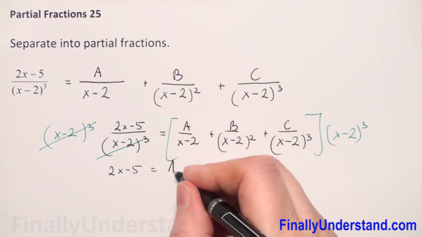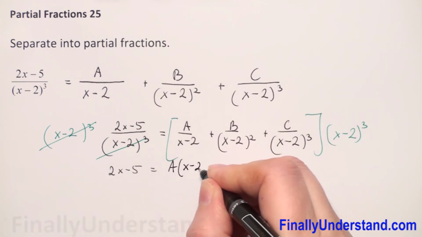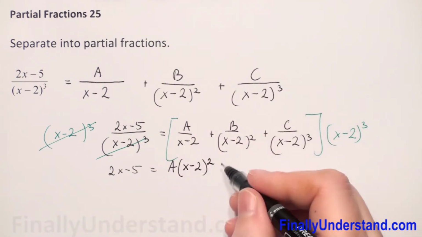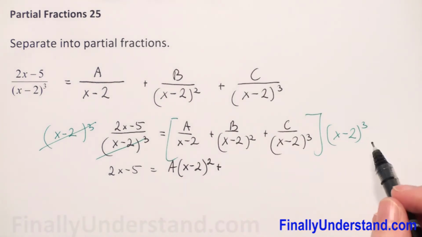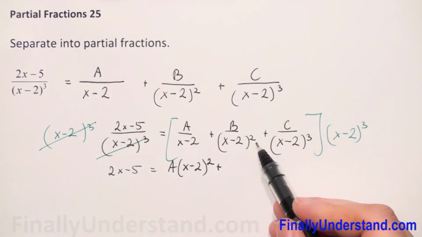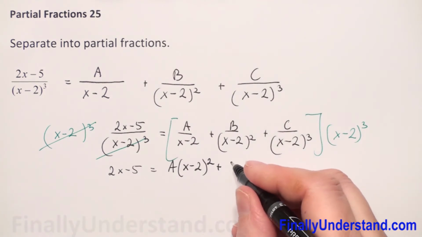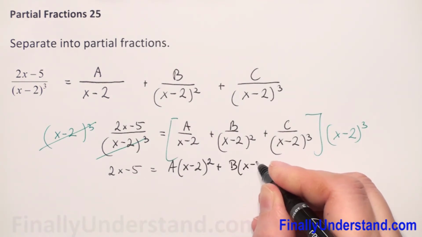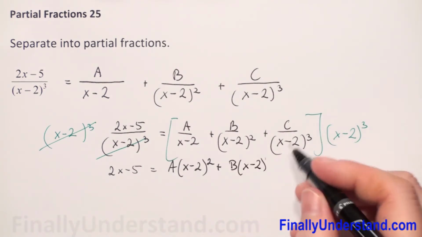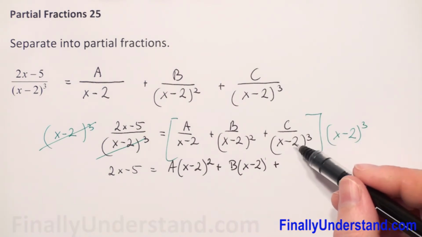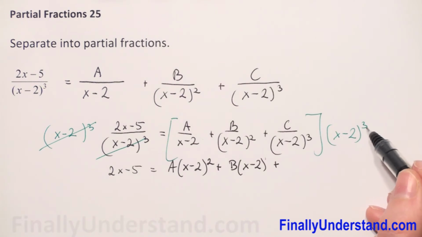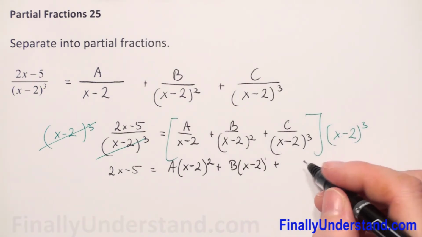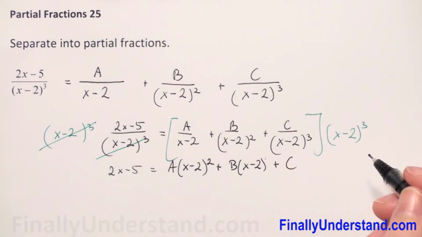So we have only A times x minus 2 to the second power plus, now the denominator is x minus 2 to the second power, so we subtract powers. 3 minus 2 is 1, so we have B times x minus 2 to the first power, we don't have to write it, plus, and now the denominator is x minus 2 to the third power times x minus 2 to the third power, so this will reduce and we will have only C.